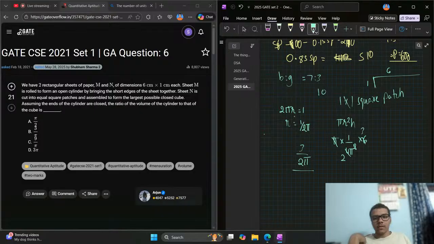Correct, right? The volume of the cylinder is pi r square h, pi into r square, 1 by 4 pi square. H is 6 centimeters. Pi cancels. 3 by 2 pi. Largest possible closed cube. Volume of the cylinder to the cube. Cube is 1 cubic centimeter. 3 by 2 pi.